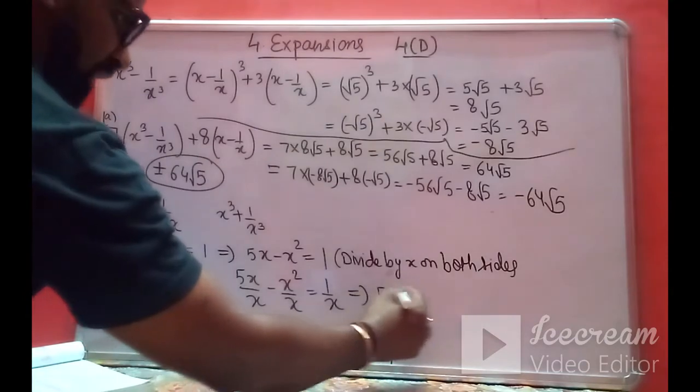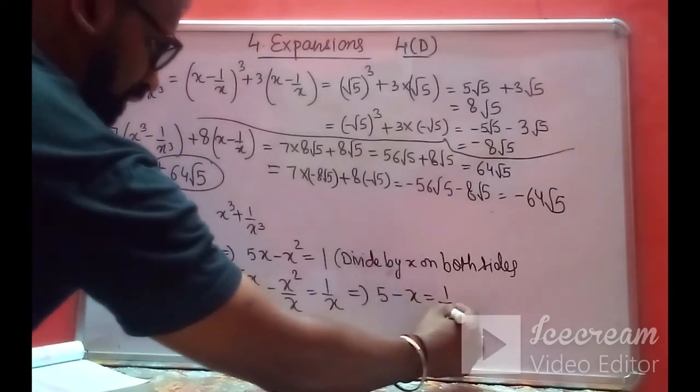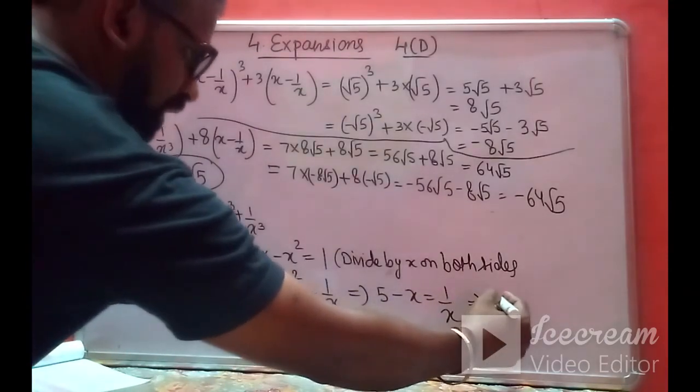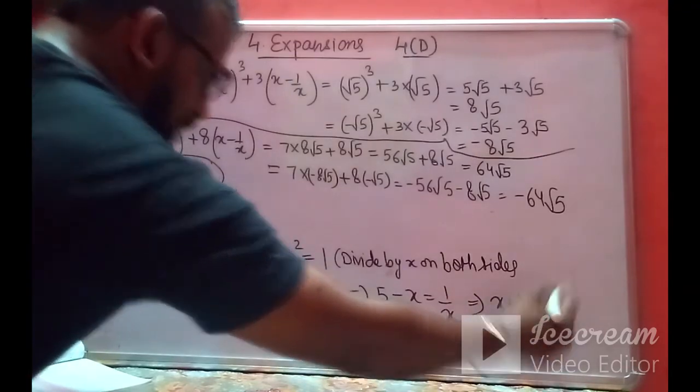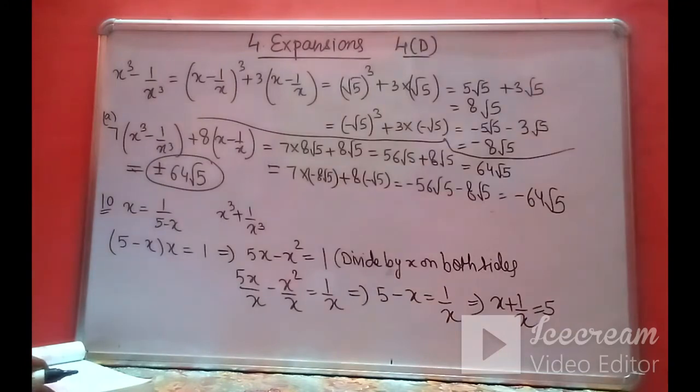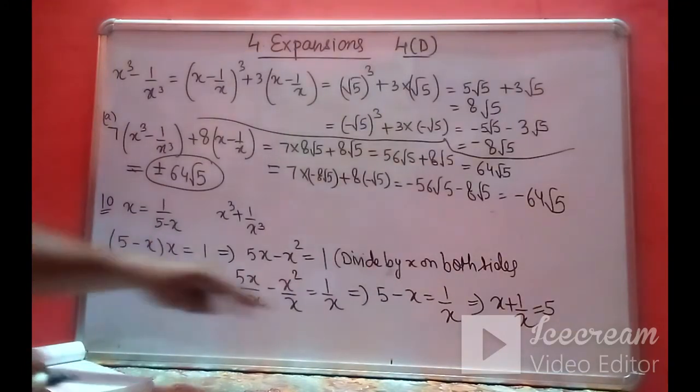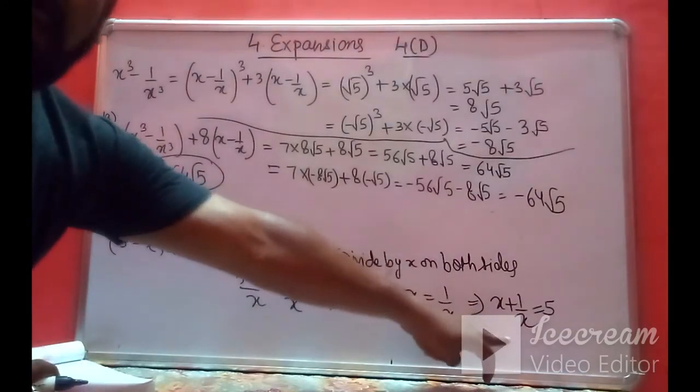So it becomes 5 minus x equal to 1 upon x, and finally what you get, x plus 1 upon x equal to 5. Okay, so after doing a few manipulations I got an expression which is very much familiar to me.